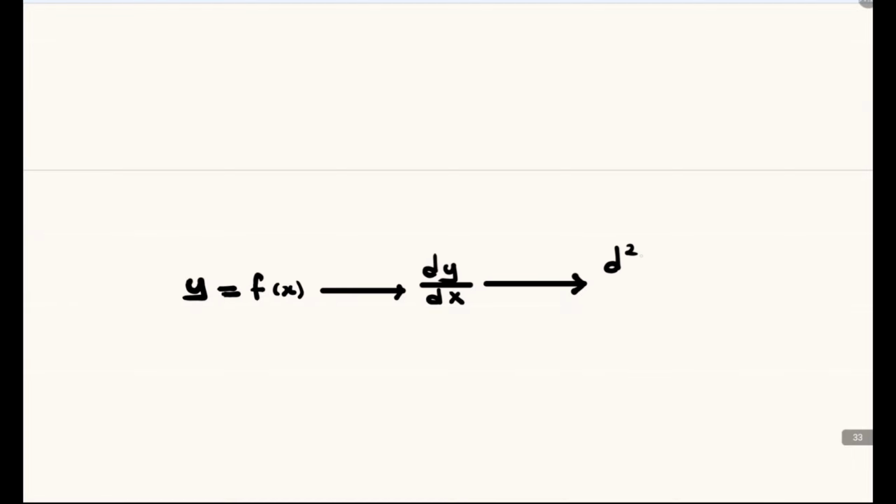Instead, remember that if we have y equals f of x, the derivative of y with respect to x will be dy divided by dx, and the derivative of dy divided by dx gives us the second derivative, d squared y divided by dx squared.